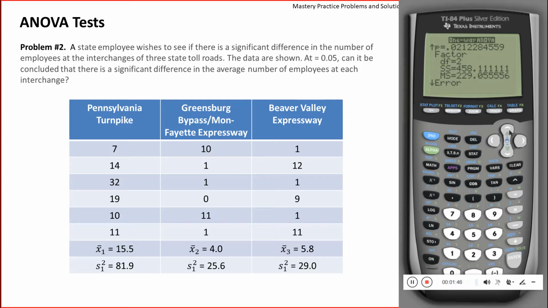So really, at this point, all you want is the fact that the p-value is 0.02. 0.02 is less than 0.05, which is the significance level, and therefore you're going to reject the null. And the answer to the question, is there a significant difference in the average number of employees at each interchange, is yes, there probably is.